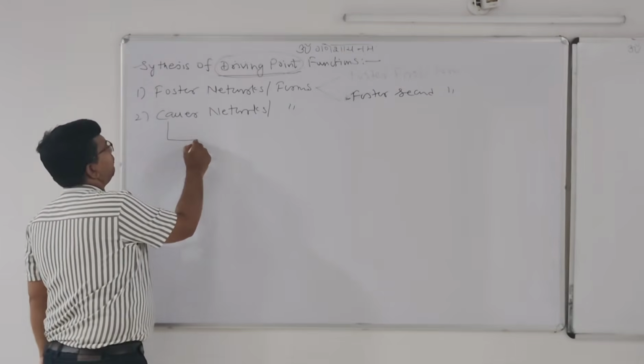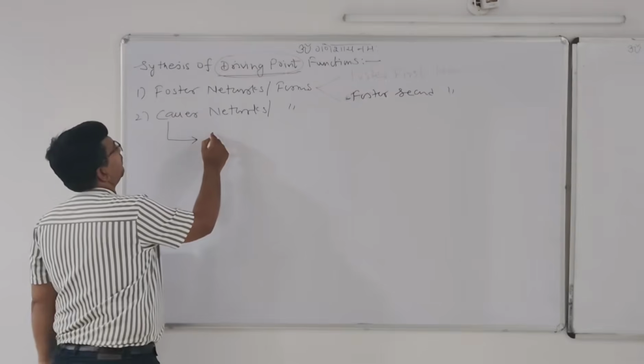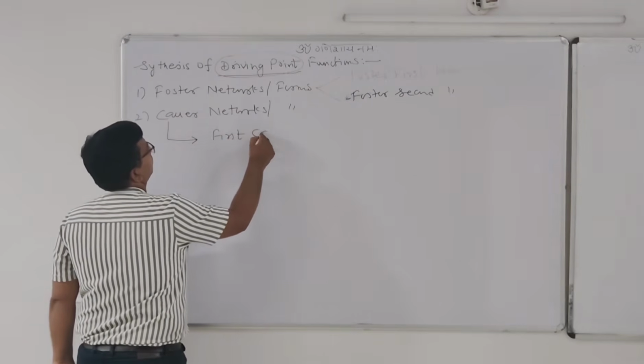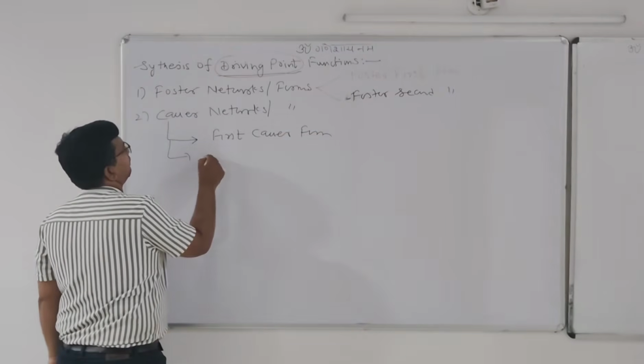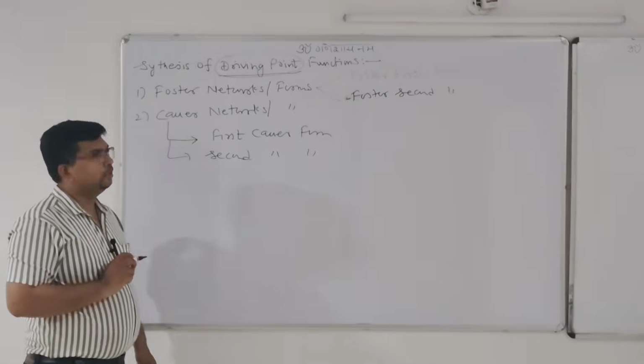Similarly, the Cauer networks are also divided into two parts: one is called the first Cauer form and the second is called the second Cauer form.